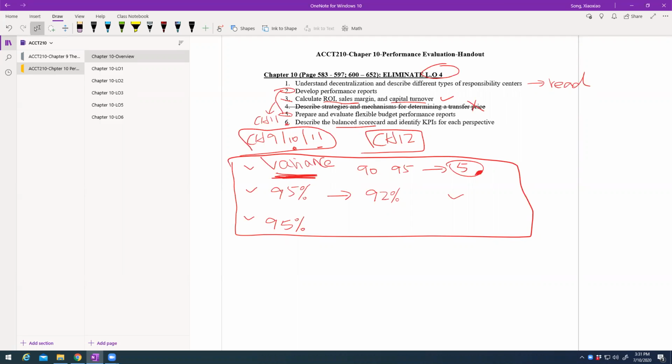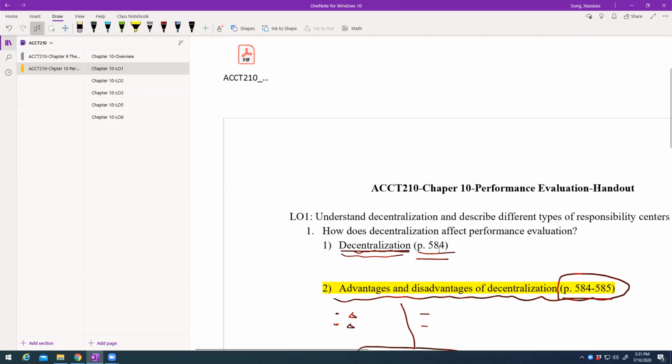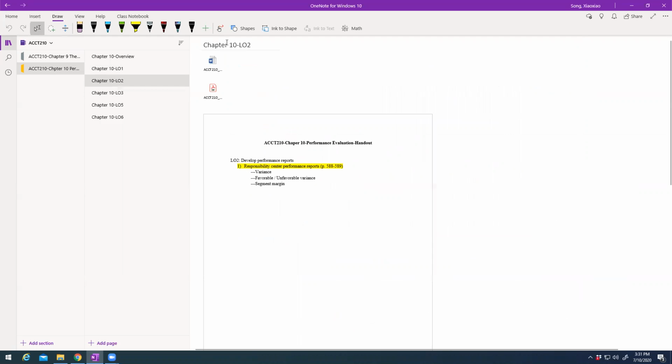Last time we finished learning objective 1, which you generally have to read in the textbook by yourself, from page 584 to 587. Today we talk about learning objective 2. You can see it's also very short, just 5 lines actually.